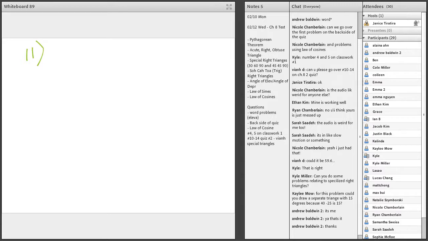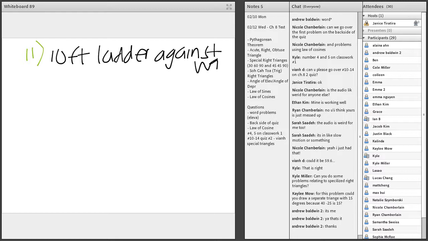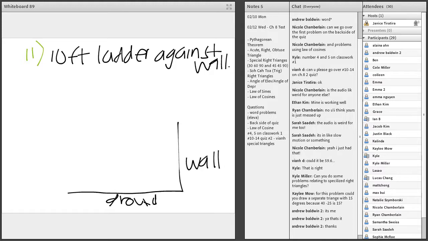So 11 says a 10-foot ladder, I think this was on a homework too, is against a wall. So already you're reading it and understanding the question. Here's the ground. Here's the wall. And the 10-foot ladder, it's not one of those adjustable ones, it's purely 10 foot, okay?